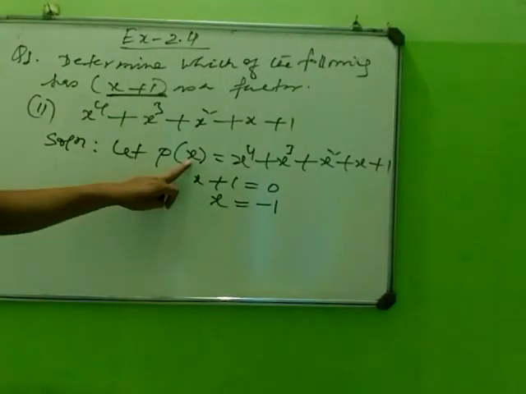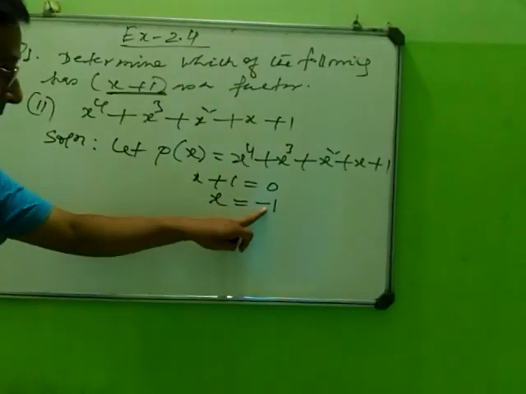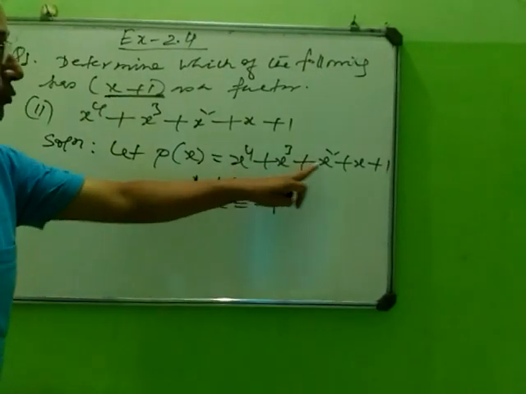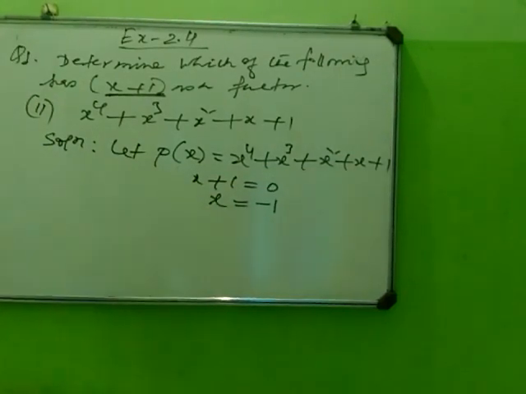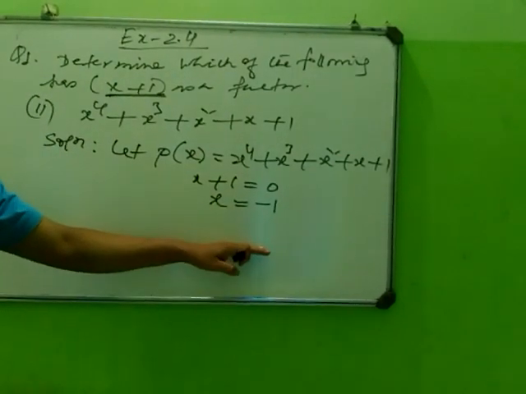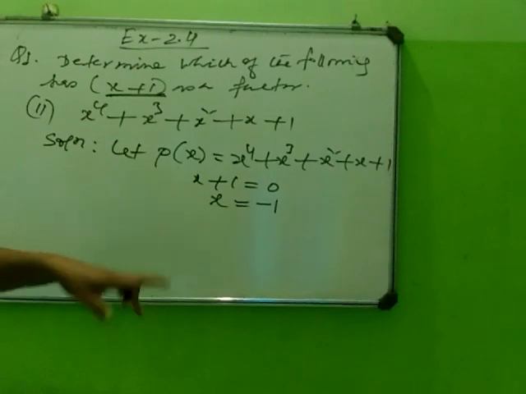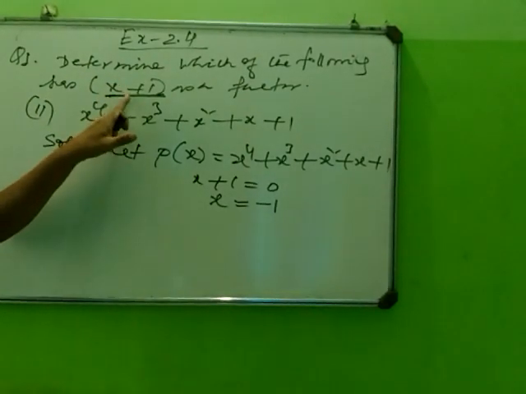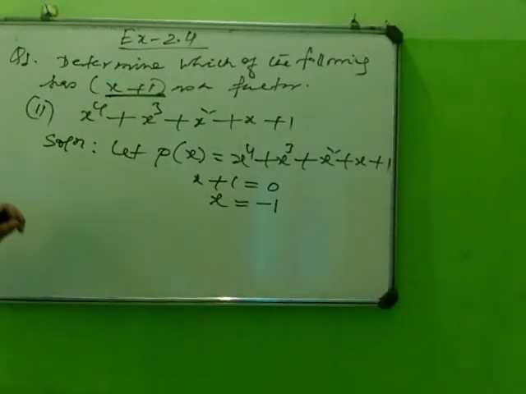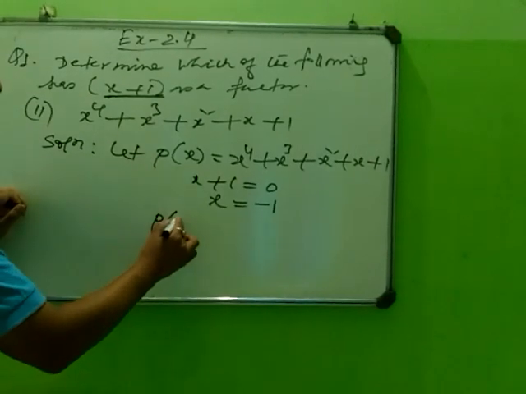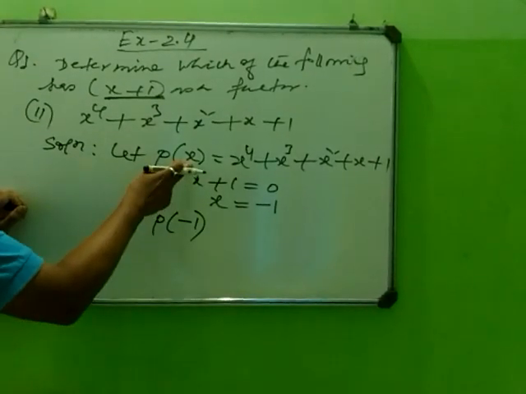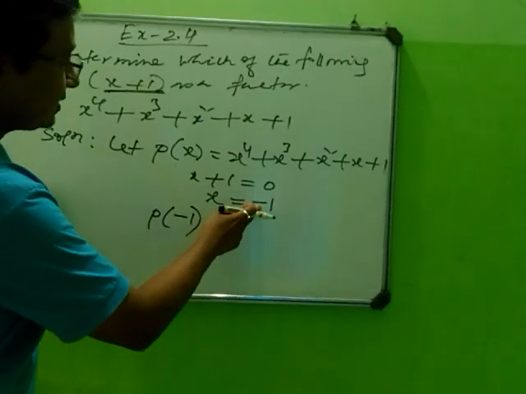Now, in place of x, you are going to put minus 1. All these x will be replaced by minus 1. If the result is 0, then by the factor theorem, x plus 1 will be a factor of p of x. Now, p of minus 1: in place of x, it is minus 1.